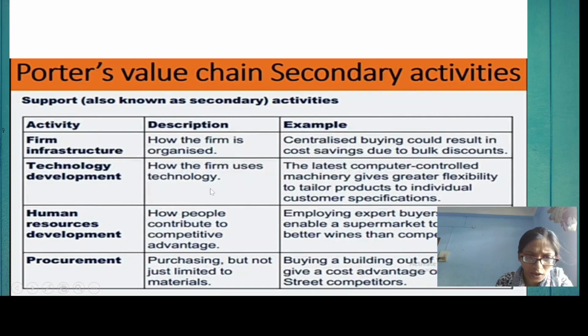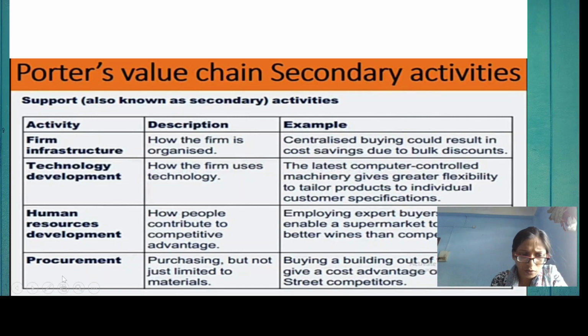Human resource development, again: employing expert buyers could enable a supermarket to purchase better wines than the competitors. If you have a good sales team, then of course they can convince people very nicely, unlike a team with less expertise or less professionalism.